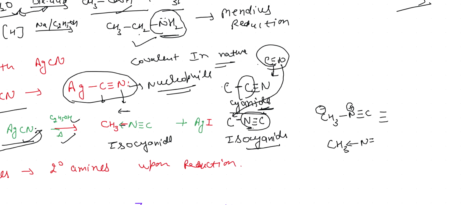This is a coordinate bond. A coordinate bond is also a type of covalent bond, but in a covalent bond, there is sharing of electrons, but in a coordinate bond, the electrons are donated by one atom but shared by both atoms. So this is the difference between a covalent bond and a coordinate bond.